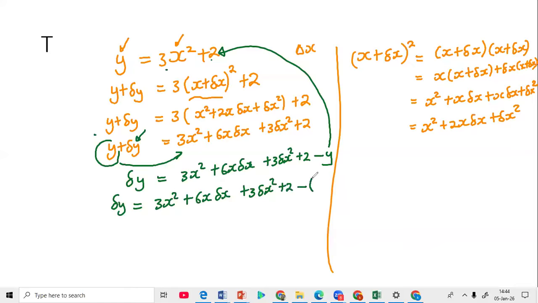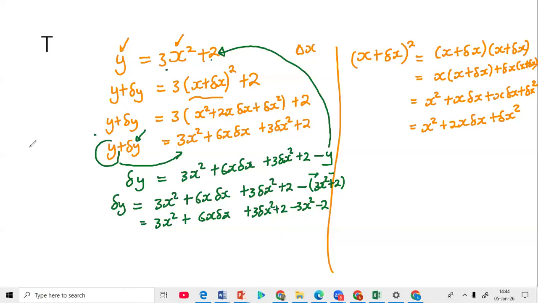Now, some of you make a mistake. So first put your bracket there, 3x squared plus 2, such that when you open it, the negative can affect everything. So this will be this plus 2. This negative affects both digits inside, minus 3x squared minus 2.